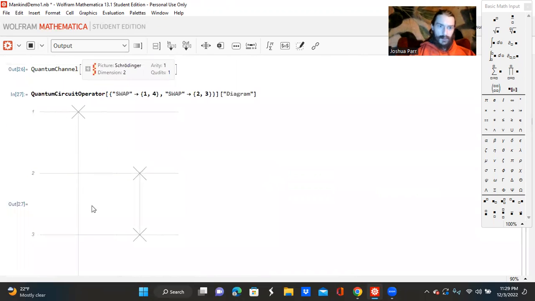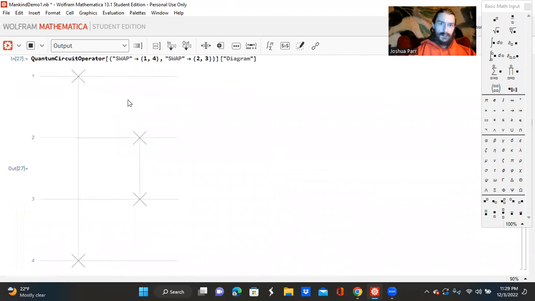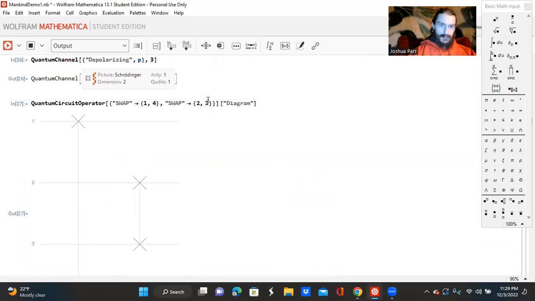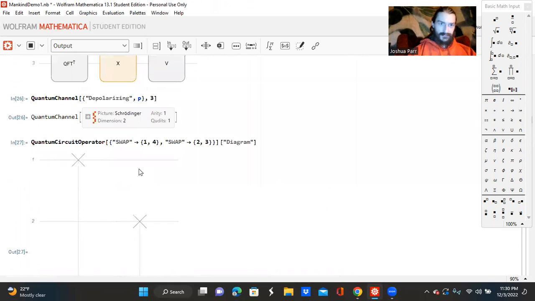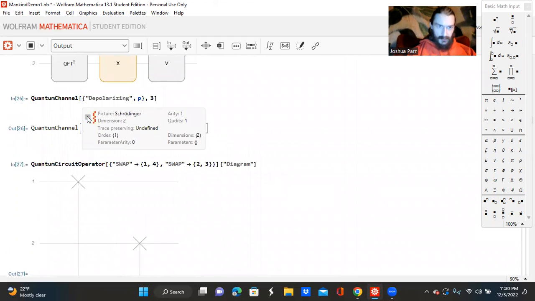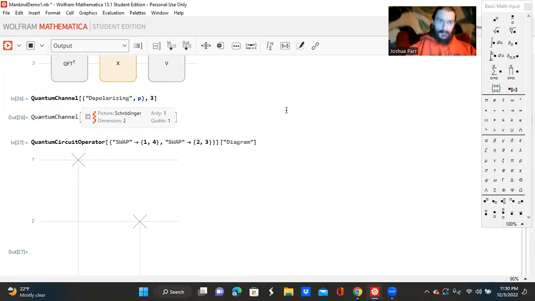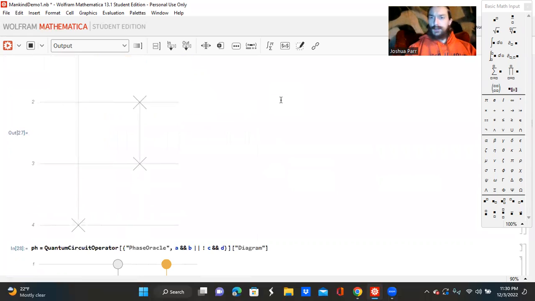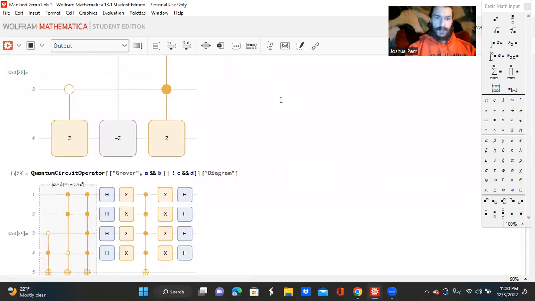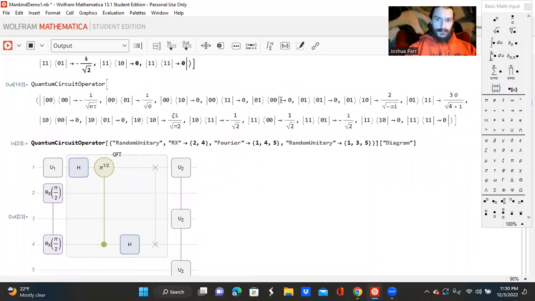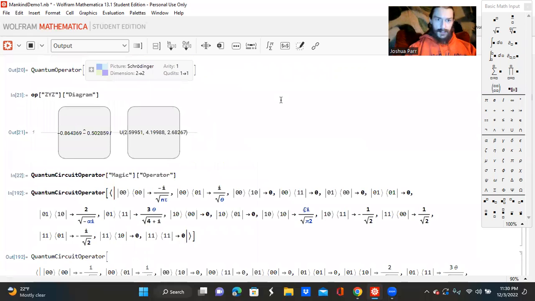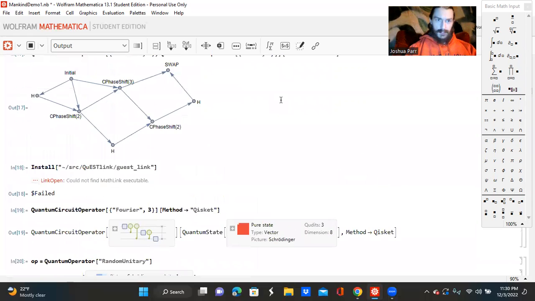I'm swapping on 1 and 4, and on 2 and 3. The depolarizing quantum channel. I was going to show you a quantum partial trace too. I'll have to do that in the next one. The quantum partial trace. So, where was I?